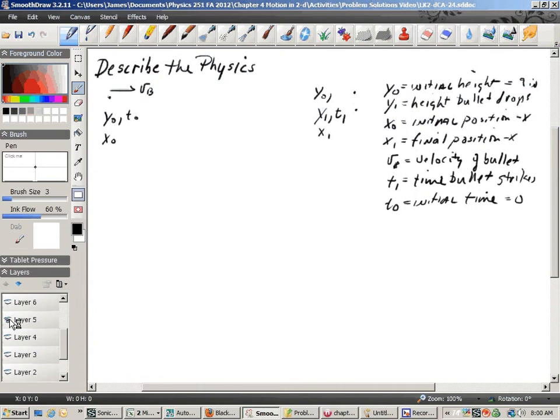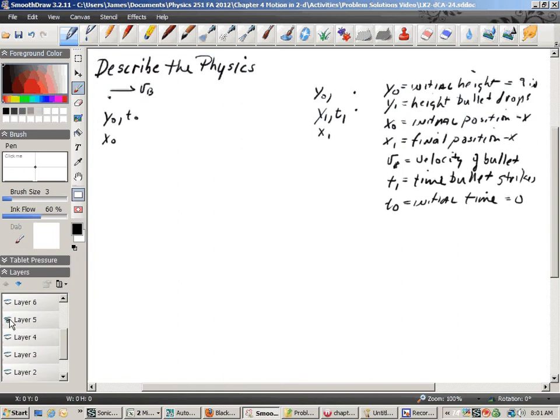Let's describe the physics. We have an object which has some velocity vb at position y0, at time t0, and horizontal position x0.